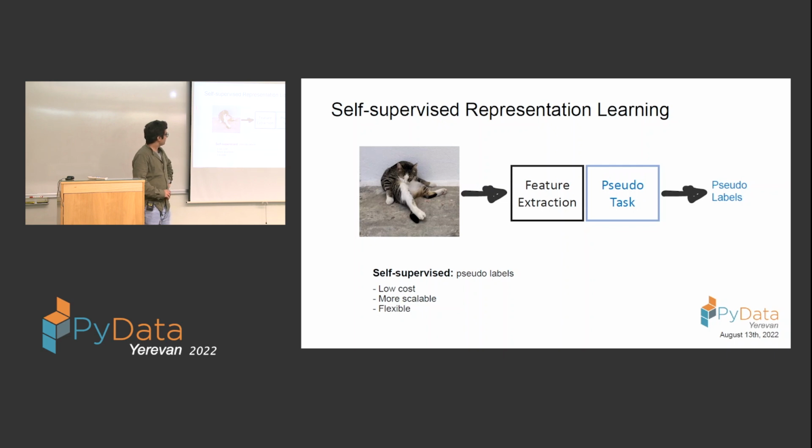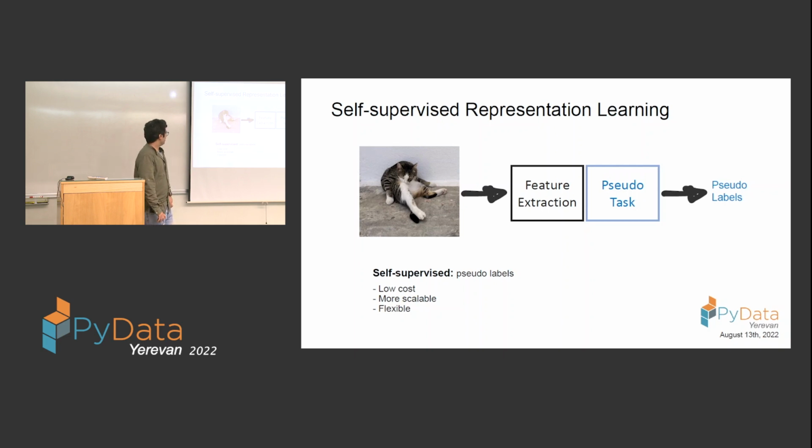In this self-supervised representation learning, which you might see later in my presentation, you're not using the real labels. These labels are actually generated, and I will show you how we are generating them. It's a trick: the input has labels, but they are not the real-world labels annotated by humans.